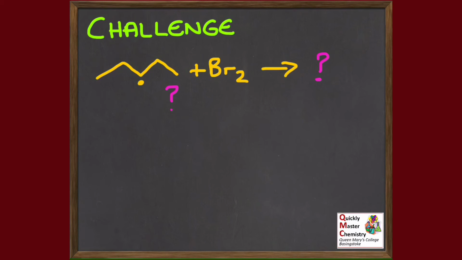You've got a 5-carbon chain with an unpaired electron on the middle carbon reacting with a bromine molecule. So your challenge is to come up with the curly arrows and also the product that you'll therefore get from this reaction. Pause the video and see what you can come up with.